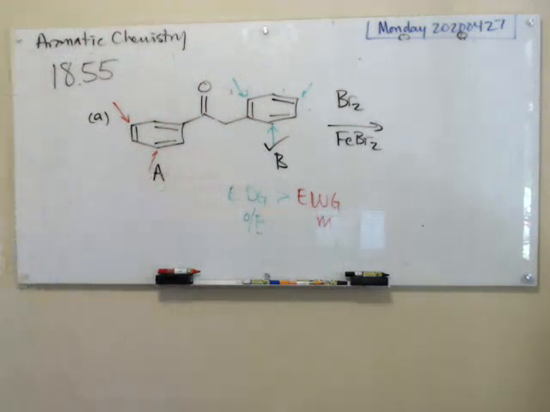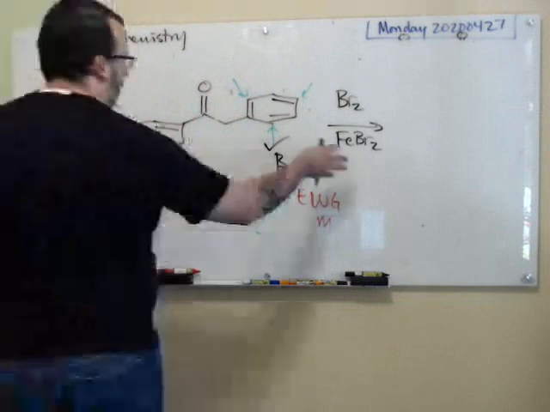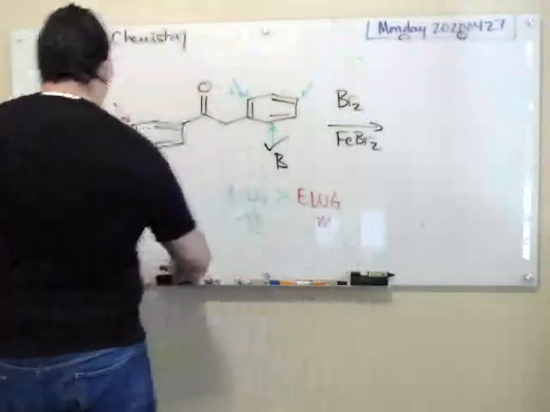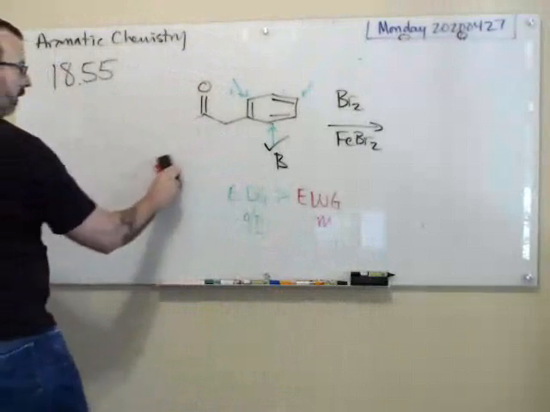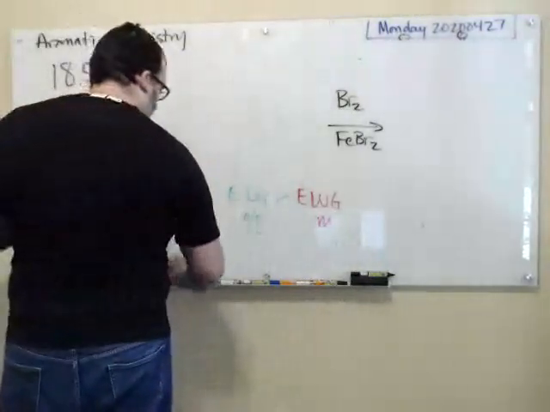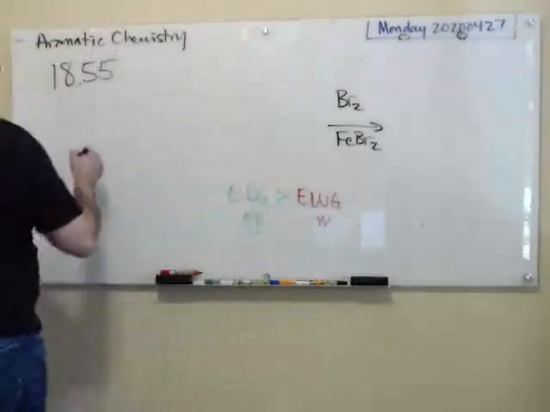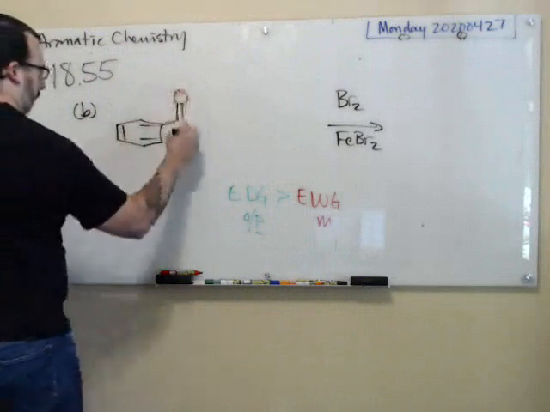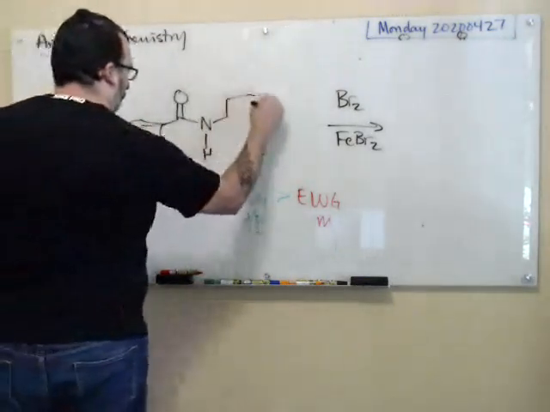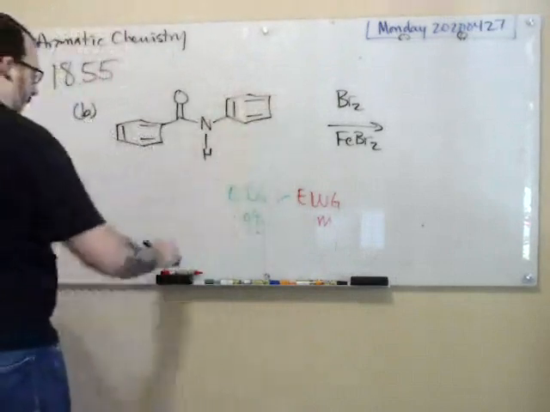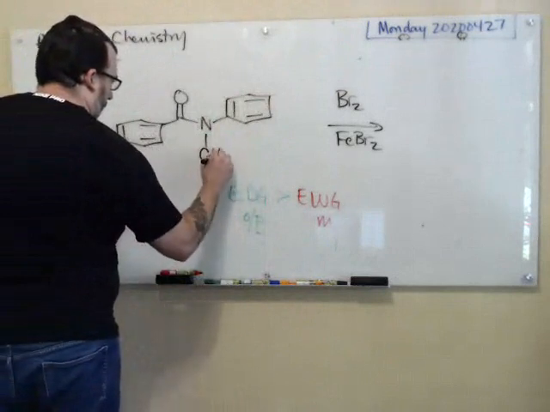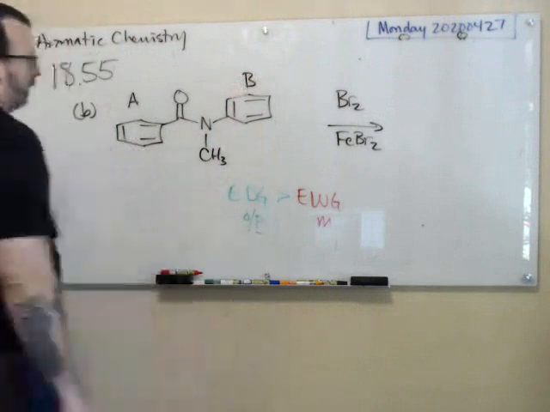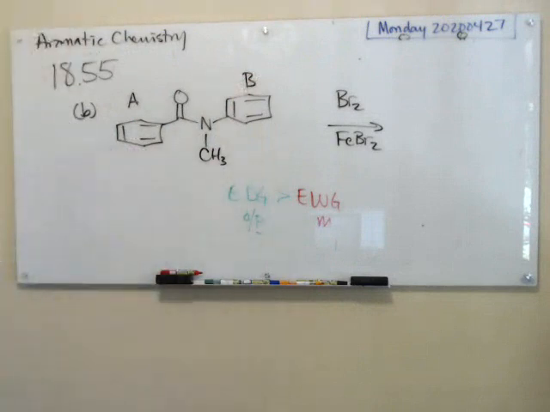So let's look at another one. Similar to this, again, it's going to be monobromination, but the molecule itself will change. So this would be 18.55B. So if we call this ring A, this ring B, in your chat box, which ring is going to be monobrominated?